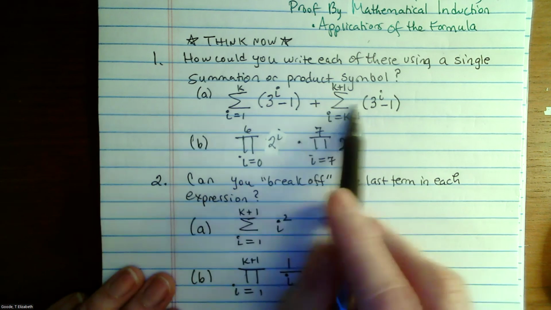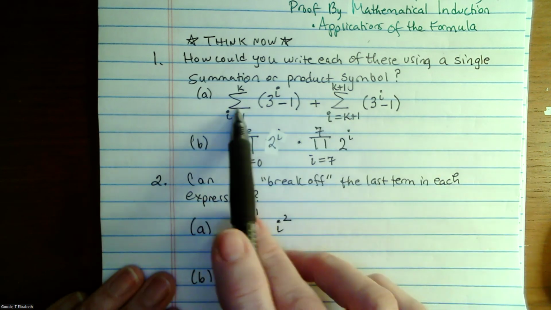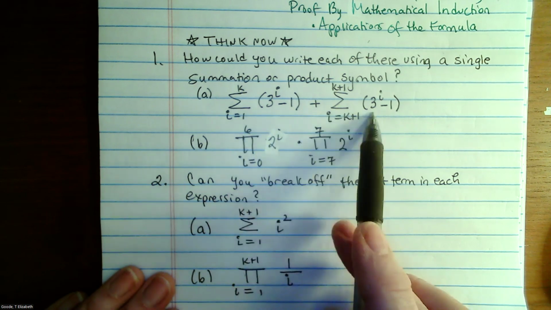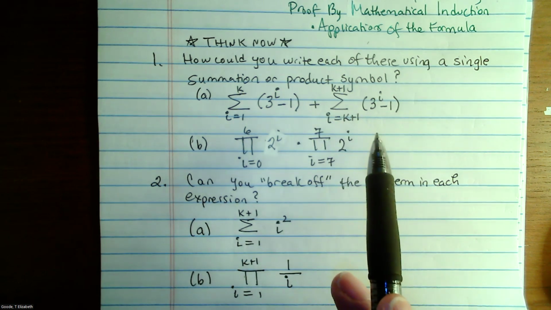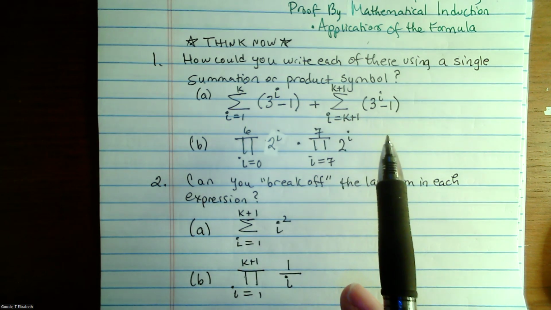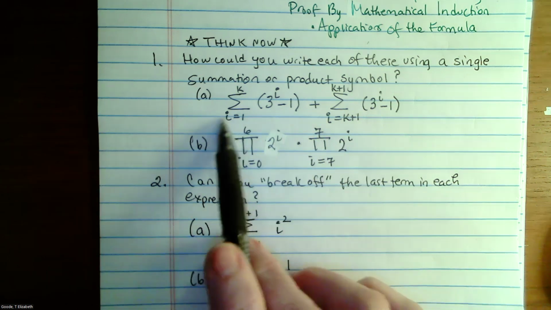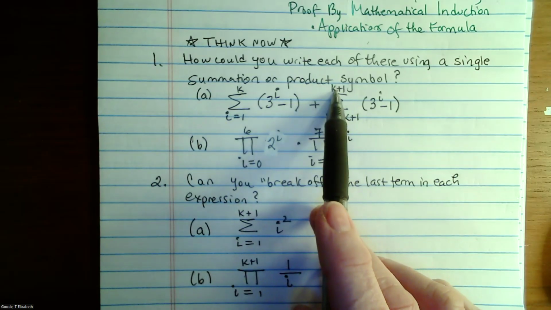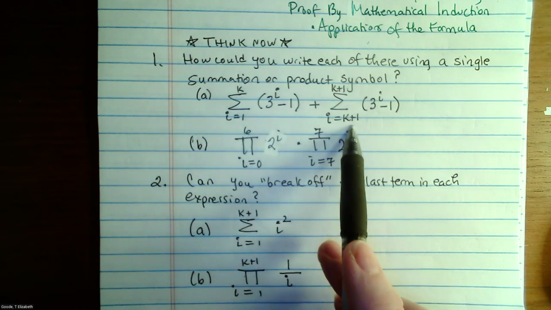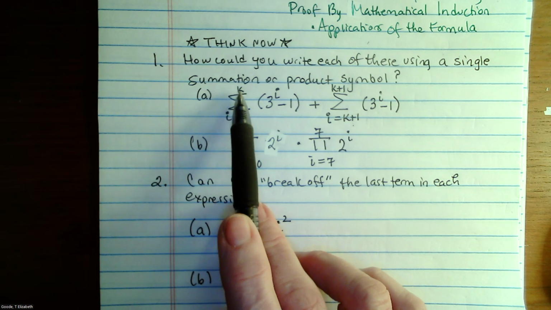So any ideas about how we could write this first sum of sums as a single summation? It's from i equals 1 all the way up to k plus 1, because you see k plus 1 picks up where the k left off, right?